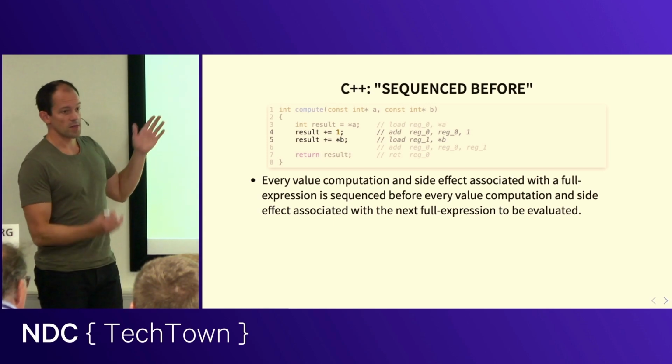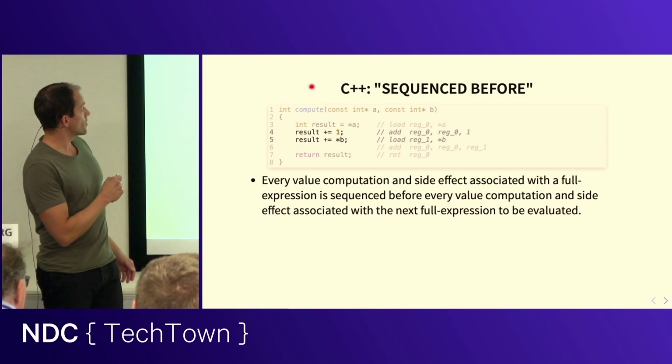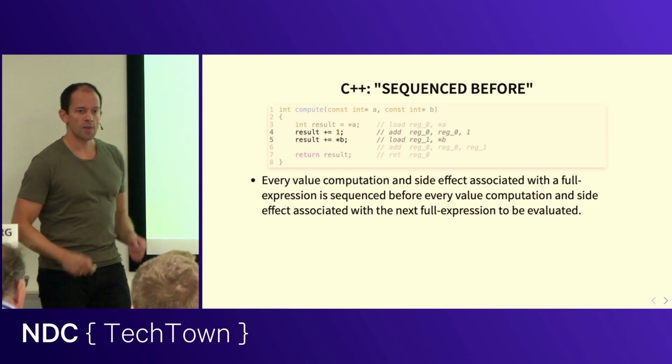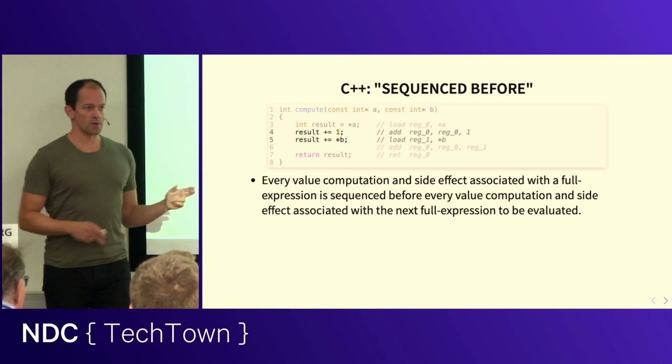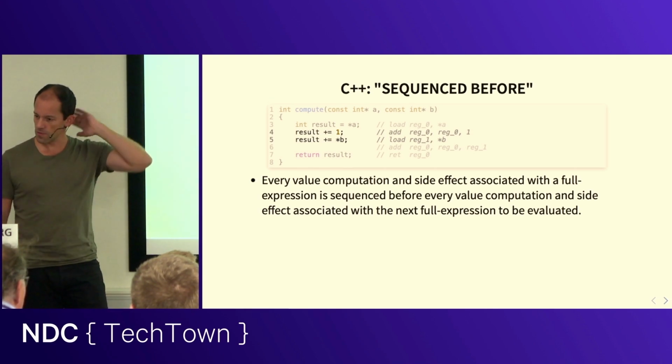Here you can just think of everything before the semicolon as a full expression. So everything on line 4, all side effects and value computations, are sequenced before this one. So maybe we can't reorder this, because C++ says that all the stuff has to happen before the next thing.